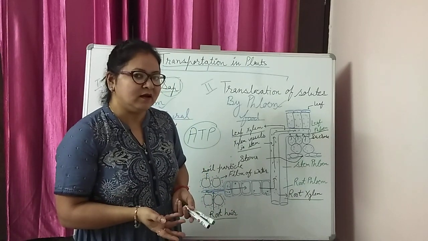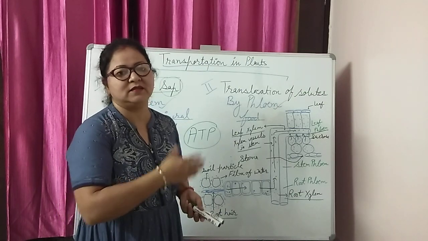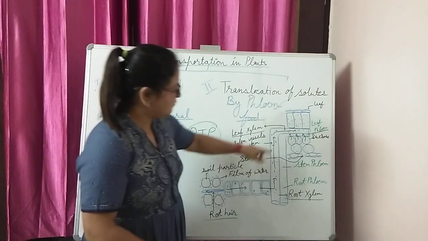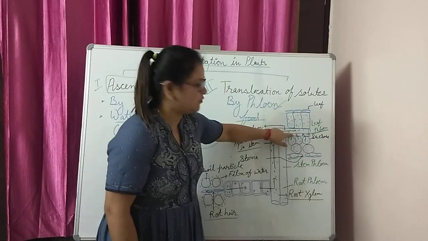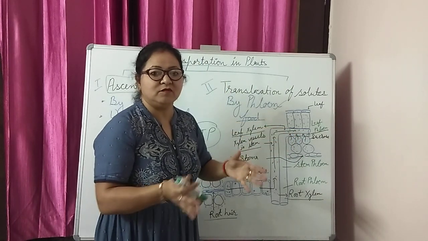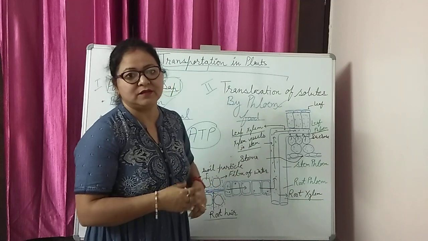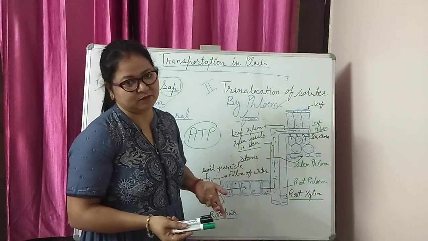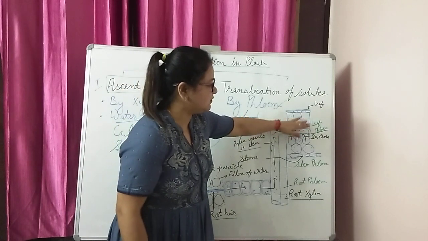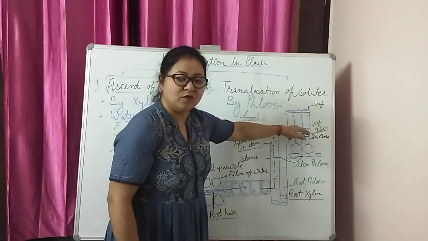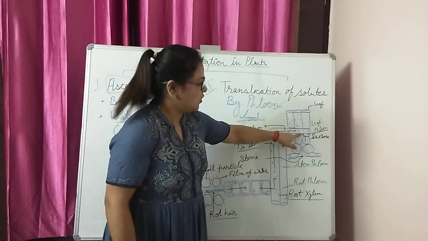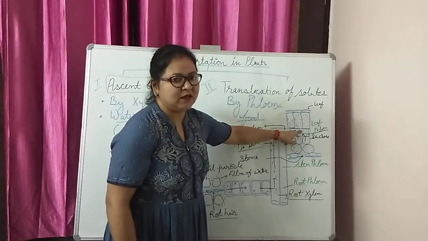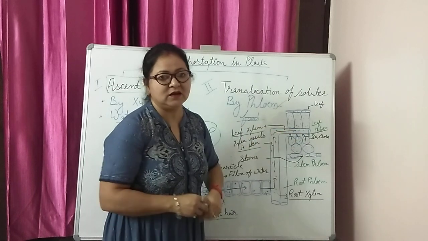What will occur? All the cells have a semi-permeable membrane. If the phloem has a hypertonic solution inside, then water will move from the adjacent cells by the process of osmosis, because the adjacent cells have more water than the phloem. What does it create?